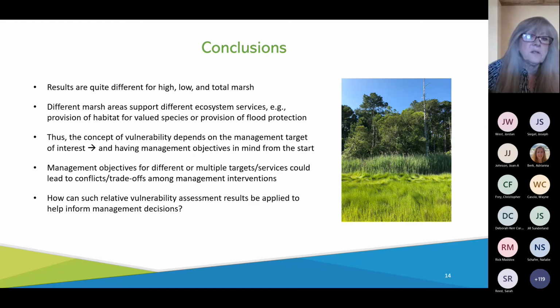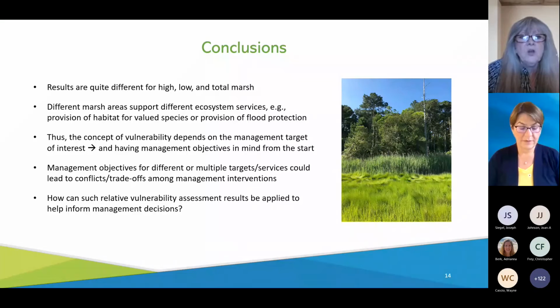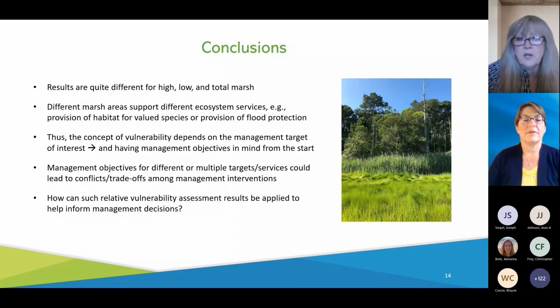So having these targets in mind when you first structure your vulnerability assessment is really very important. You can also see that if you have differing management objectives, or you might be managing for multiple targets or services, you might eventually run into conflicts and have to consider trade-offs among management interventions.